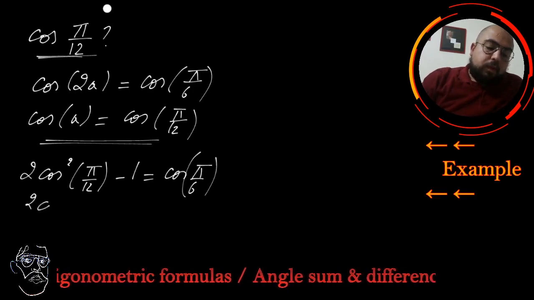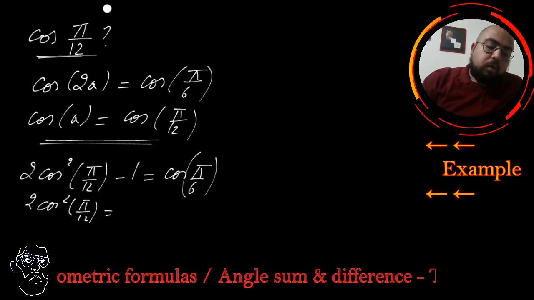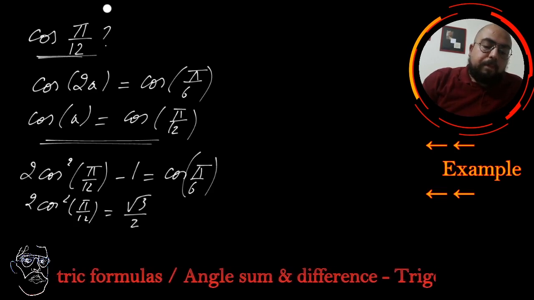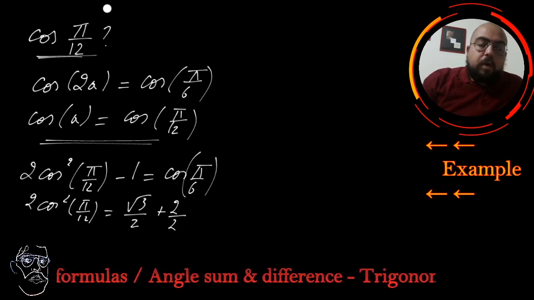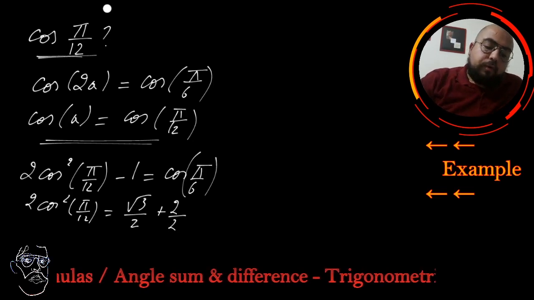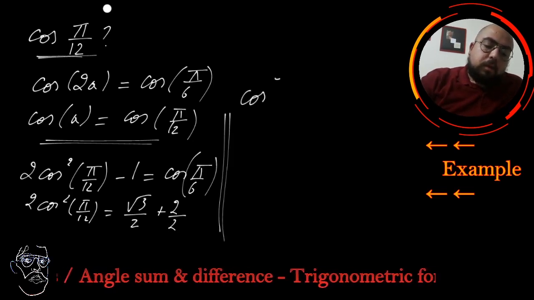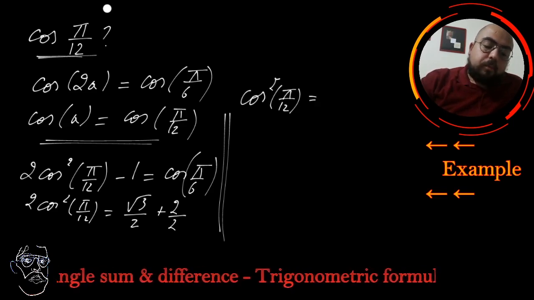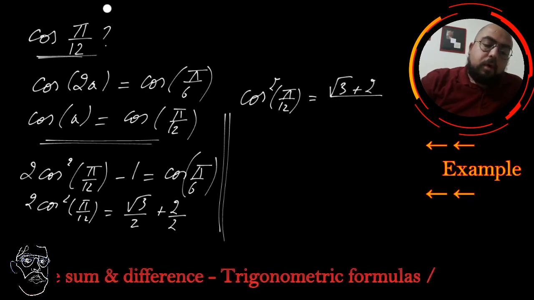So 2 cosine squared of pi over 12 is actually equal to cosine of pi over 6, which is square root of 3 over 2, plus 2 over 2. I'm changing the place of minus 1, it will be plus 1, which is 2 over 2. So I will obtain cosine squared of pi over 12 is equal to square root of 3 plus 2 over 4.